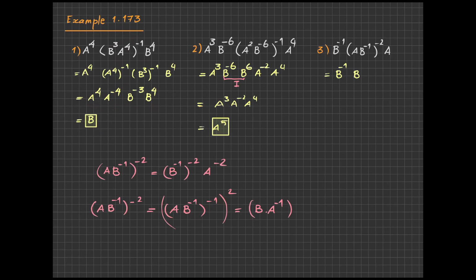And then I have a power of 2. Okay, by the way, you see that this is wrong now. So this means b times a inverse times b times a inverse. So the one that I wrote is completely wrong.